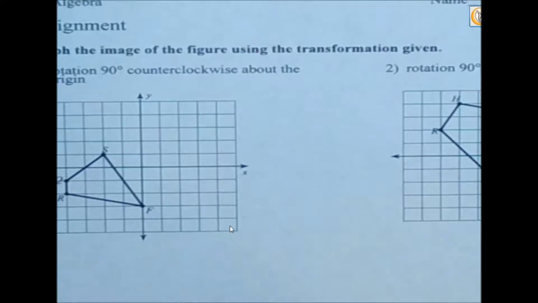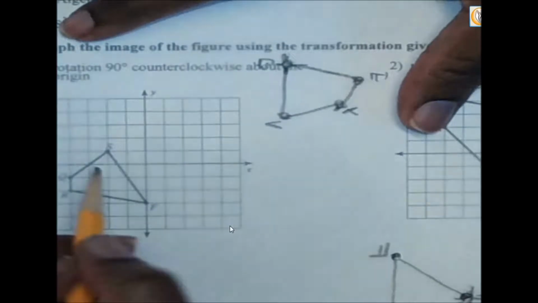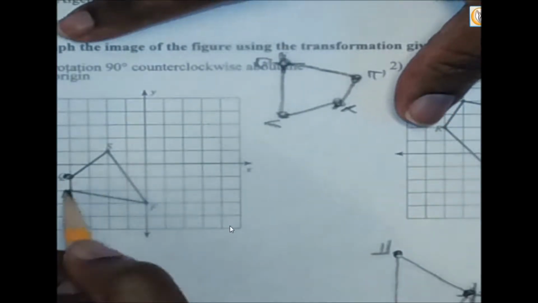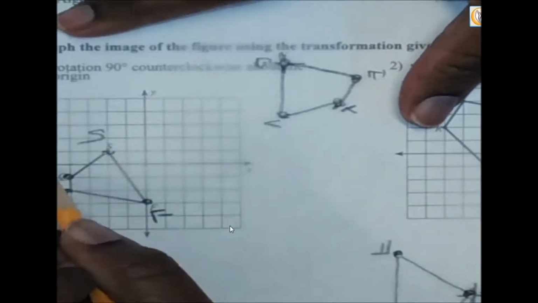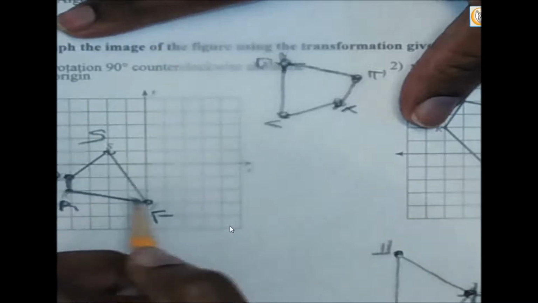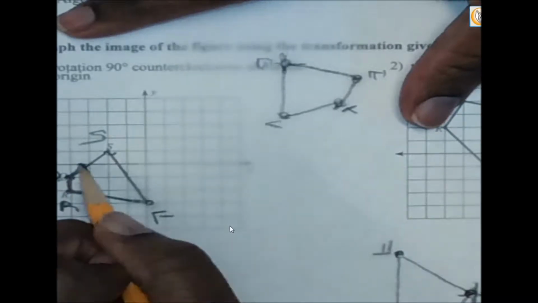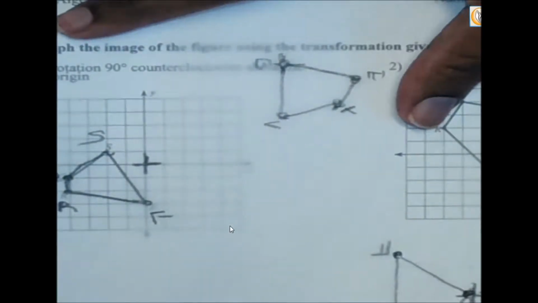And so, here we go. I use patty paper. The first thing I'm going to do is draw my figure, and I'm going to label the points. And then I'm going to also draw the origin. Do not forget to draw the origin.